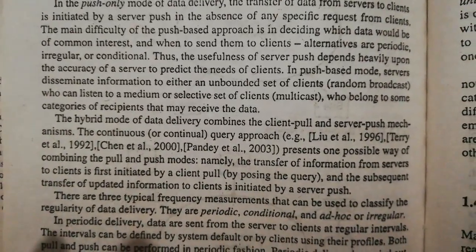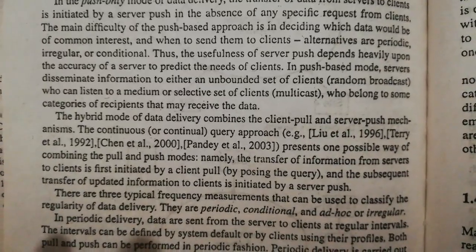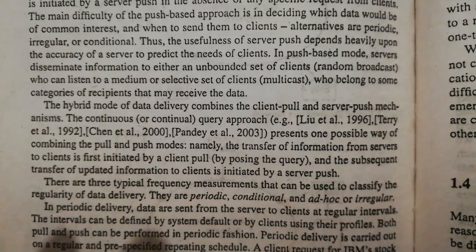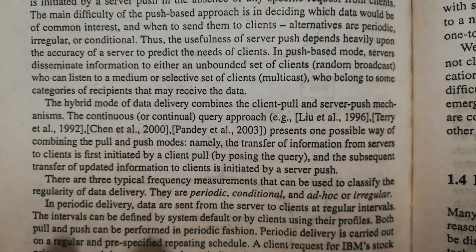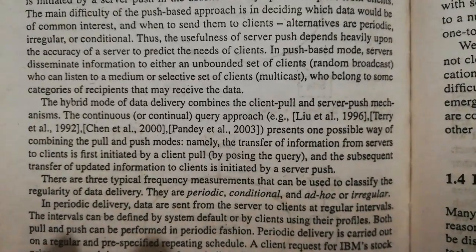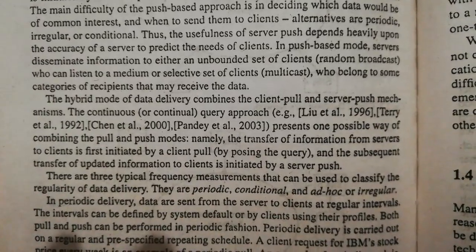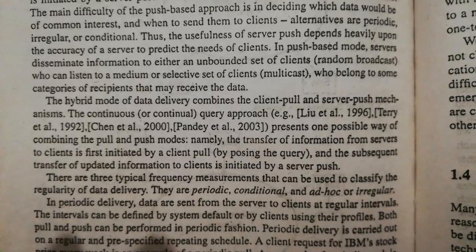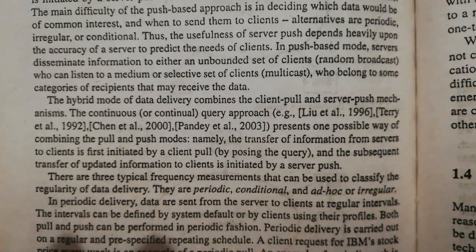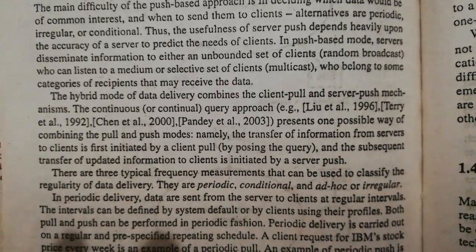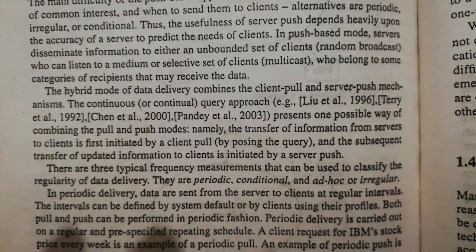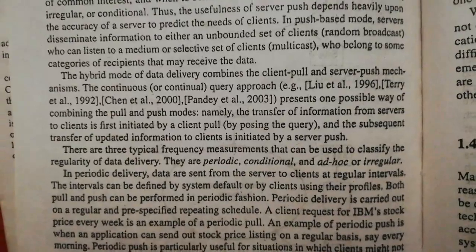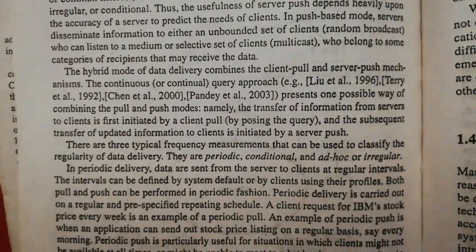Thus, the usefulness of server push depends heavily upon the accuracy of a server to predict the needs of clients. In push-based mode, servers disseminate information to either an unbounded set of clients (random broadcast) who can listen to a medium, or a selective set of clients (multicast) who belong to some categories of recipients that may receive the data.